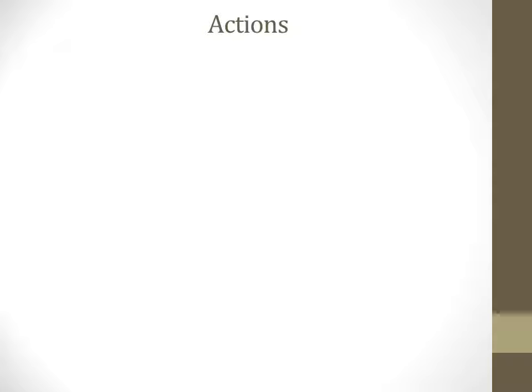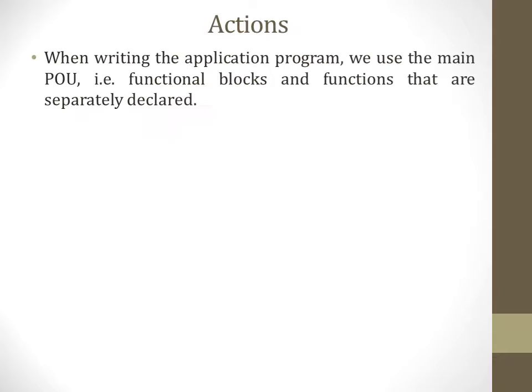So that was additional information about application program features, and in the next part of the lesson we will talk about actions, which we can use in our PLC programs. When writing the application program, we use the main POU, function blocks and functions that are separately declared.